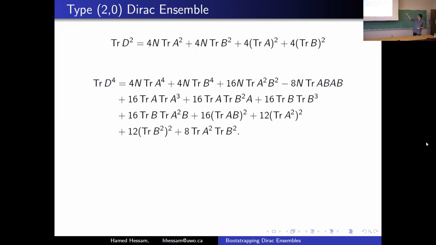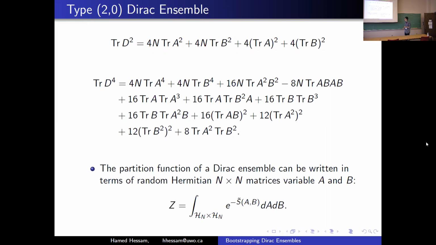But the good thing is that, again, the model is even, and odd moments with respect to A and B are zeros. And there is also AB symmetry. If you swap A and B, we get the same thing. So that helps a lot to solve the Schwinger-Dyson equations.